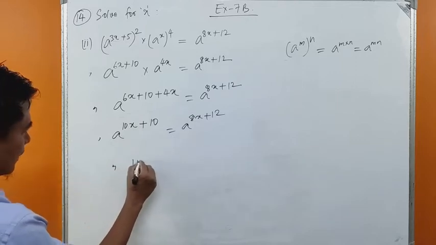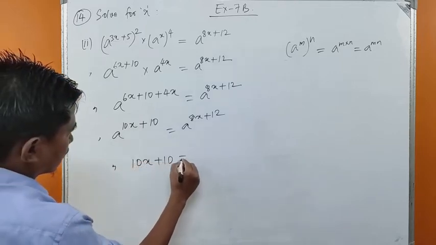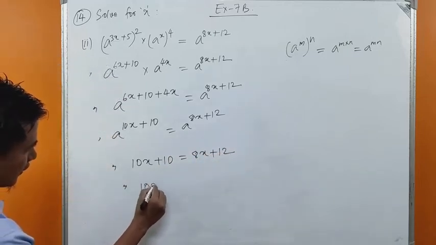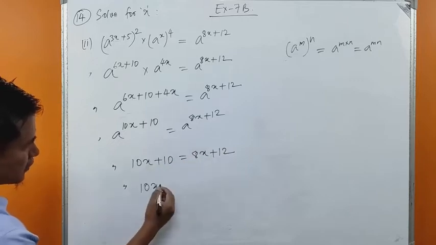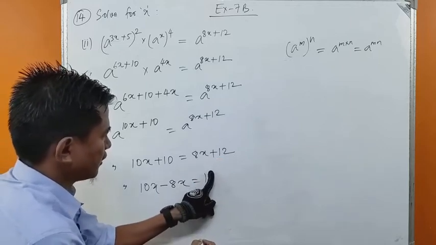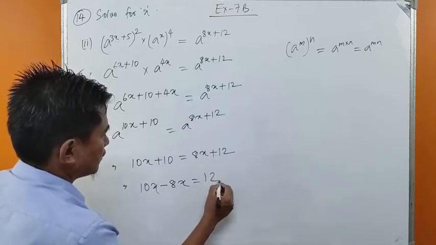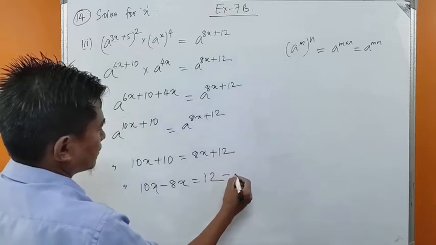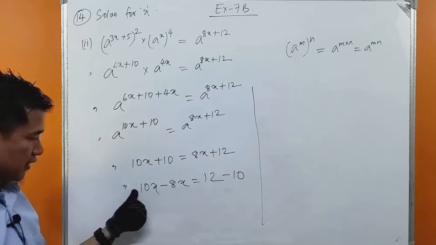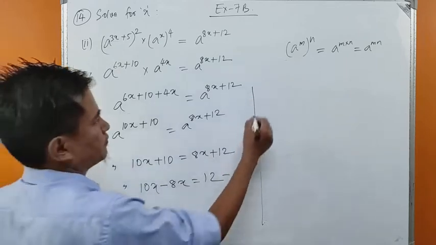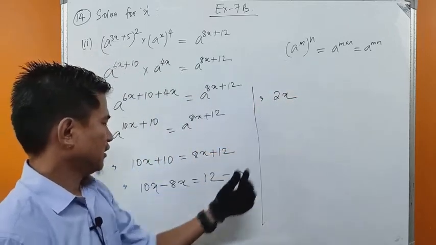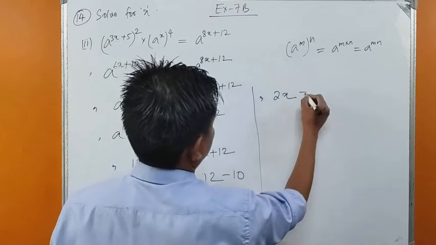So 10x plus 10 equals 8x plus 12. Let's bring this plus 8x to the left hand side, minus 8x, equals 12, which is already on the right hand side. So we take this plus 10 to the right hand side, minus 10. 10x minus 8x is 2x, equals 12 minus 10, which is 2.